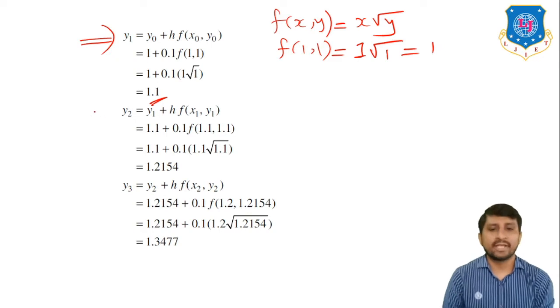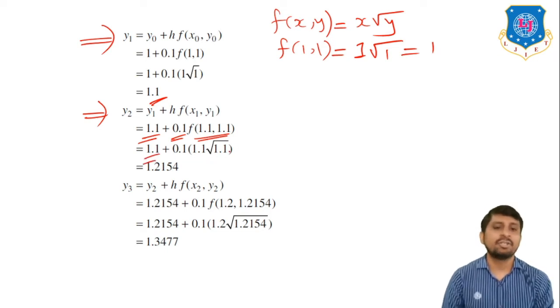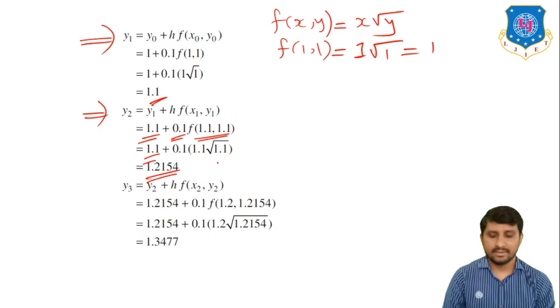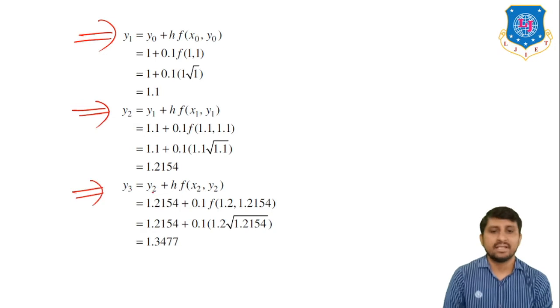Then the next approximation is y2, that is y1 plus h f of x1 y1. So 1.1 plus 0.1 f of 1.1 1.1, that is 1.1 plus 0.1 into 1.1 into square root of 1.1. So the answer is 1.2154. Clear? Now the next approximation, y3, is y2 plus h f of x2 y2.